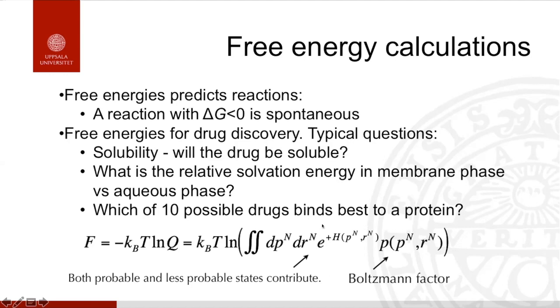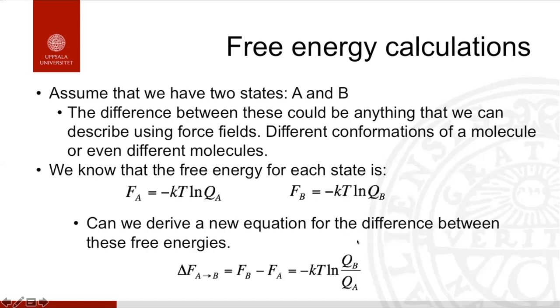So basically, that's what we're multiplying here: the Hamiltonian, the description of the system in terms of the positions of the molecules and their momenta, and the Boltzmann factor, the probability, how likely it is that the molecule will be found in that state. And when we put it together, we can compare the different states of the system.